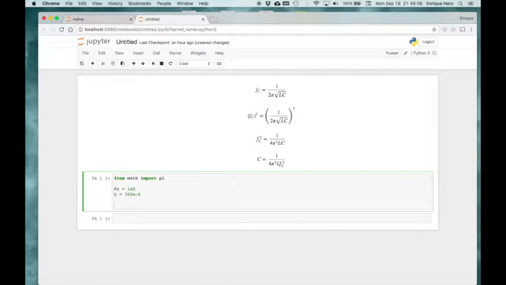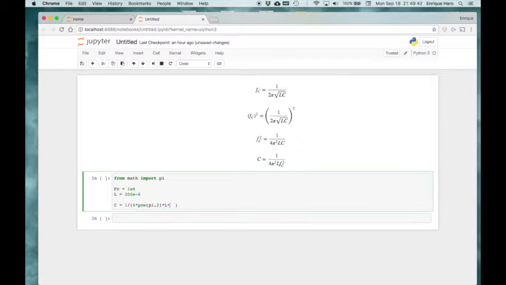That's what we have. Now, the capacitor is going to be equal to 1 over, all this in parentheses, 4 times pi square. And we're going to use the power function to square pi. So it's going to be pi raised to the 2 power times the inductor, which is L, times frequency square.